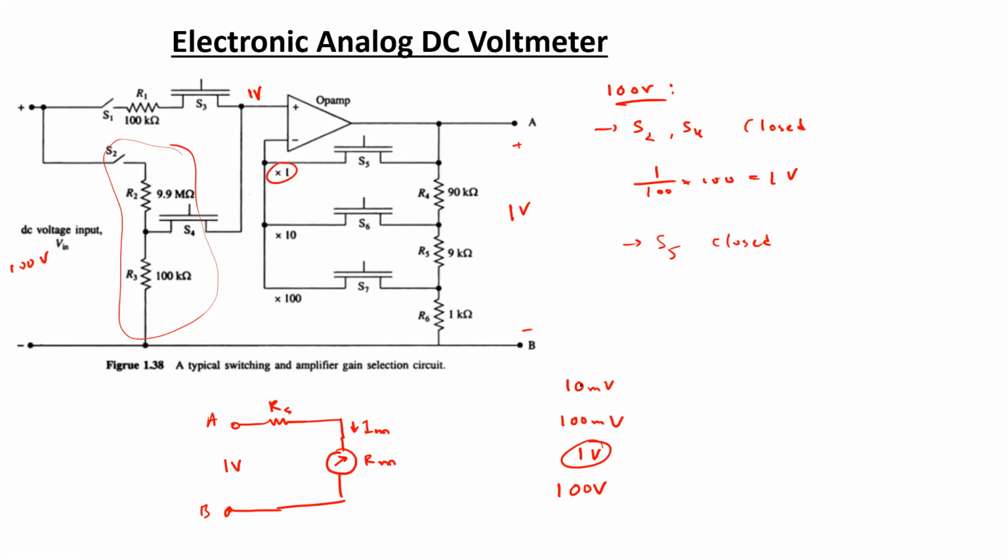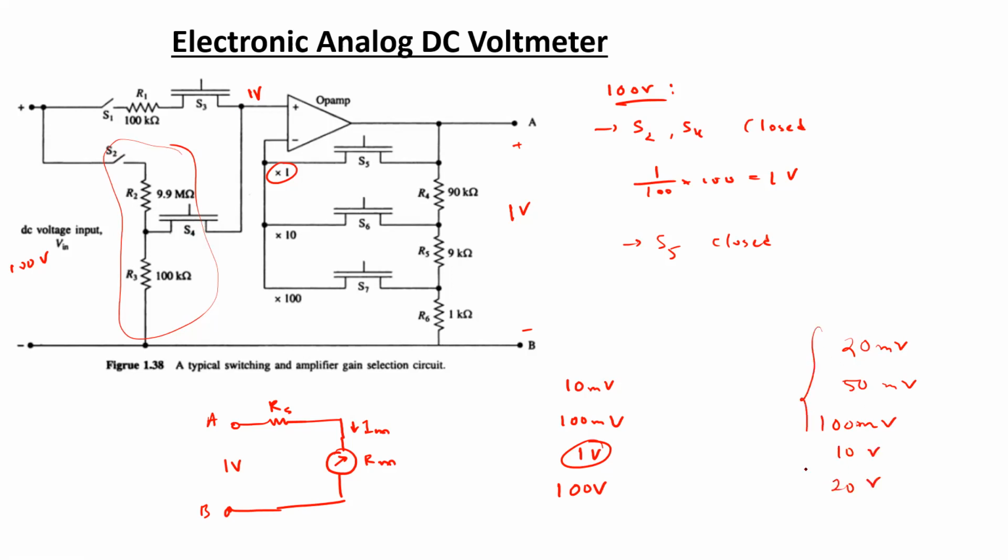Now it might happen that in a particular application, it is needed to design a voltmeter that has the option of different input voltage ranges, such as 20 millivolts, 50 millivolts, let's say 100 millivolts, 10 volts, 20 volts.